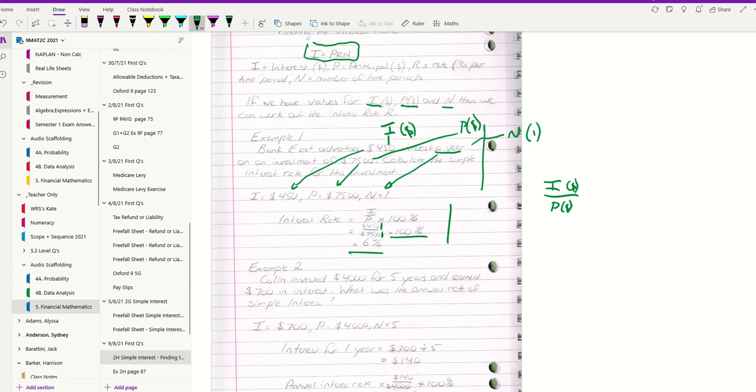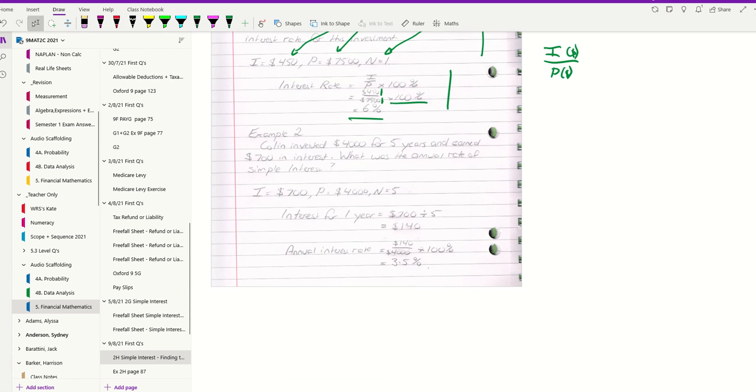Now, if we have a look at example 2, this example has a number of years more than 1. That first one just helped us out by having it as per year. Our second question: Colin invested $4,000, so our P is 4,000, for 5 years. Our N is 5 years, and earned $700 in interest. So our I in dollars is $700.